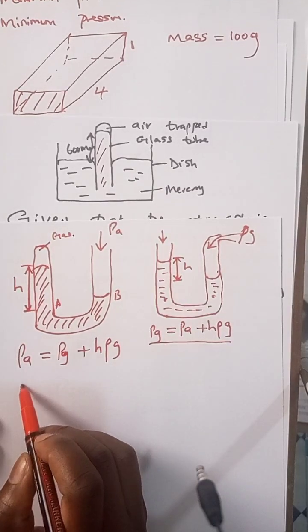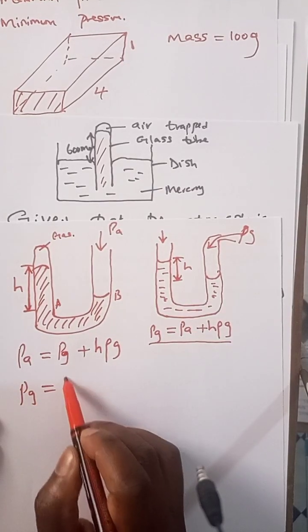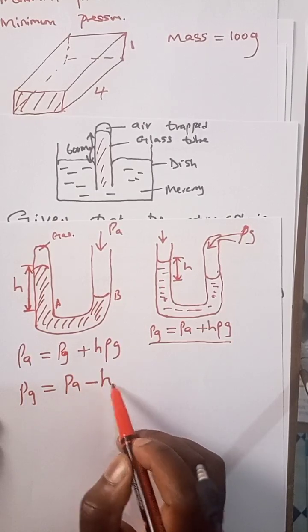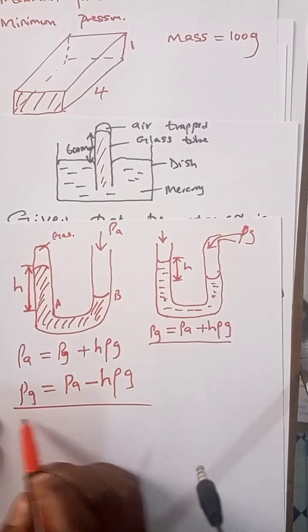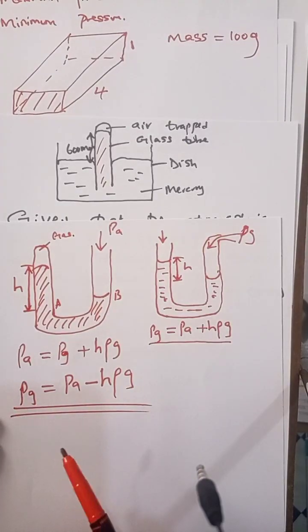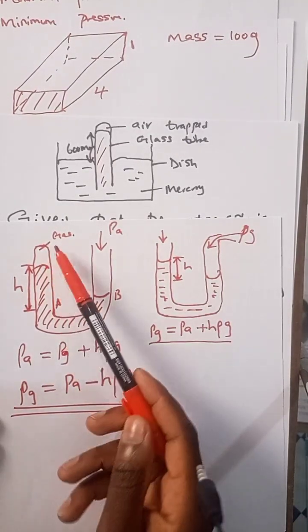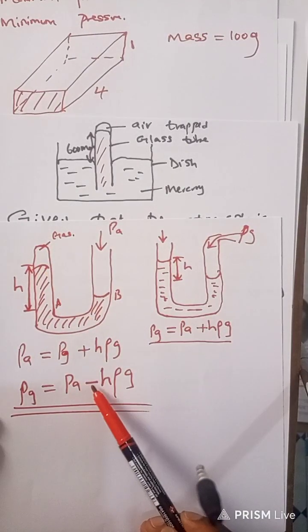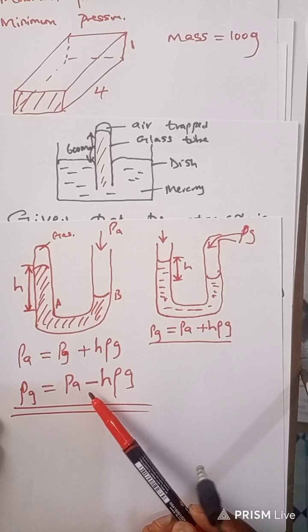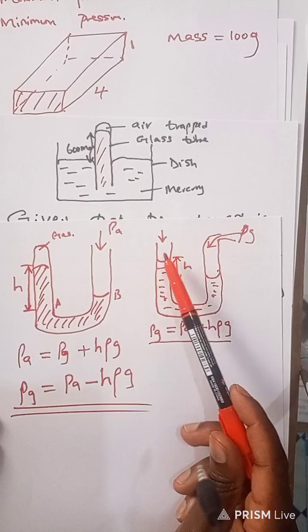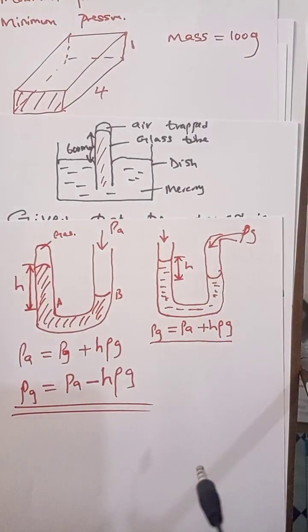And that is when we talk of PG being equal to atmospheric pressure minus h rho g. So anytime we have a question and this part is closed, we always use the negative sign, or we always subtract the pressure due to the height column from atmospheric pressure. Anytime we have this part open, we always add. So that is another area that I've seen giving students problems, and that's how we should handle it.